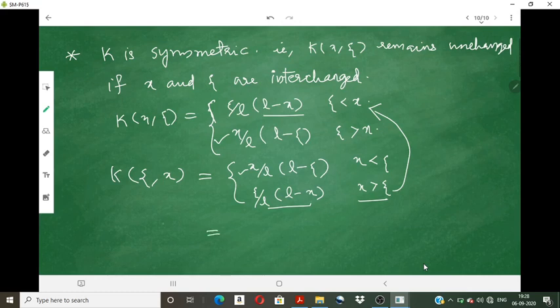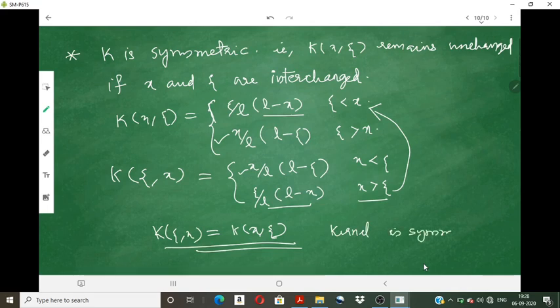So these are the same. K of theta, x is the same as k of x, theta. That means the kernel is symmetric. So in this problem, the kernel is symmetric.